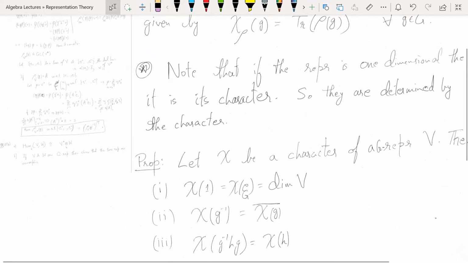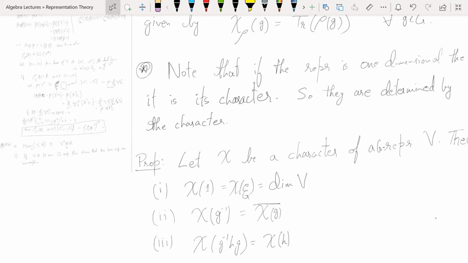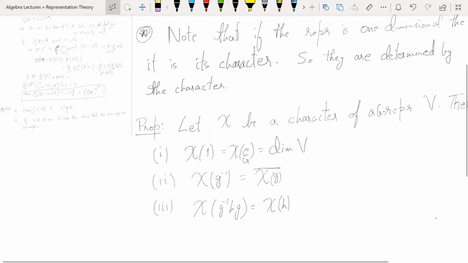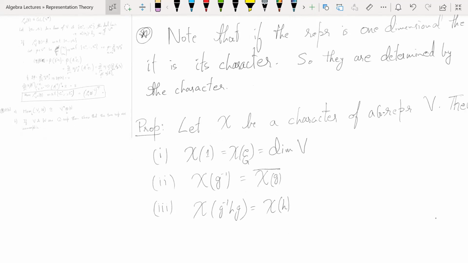If you take the inverse, then for a complex representation, what you get is the conjugate: chi of g is some complex number, and you take its conjugate. And if you conjugate an element of G and evaluate the character at that, it is the same as the value at h.